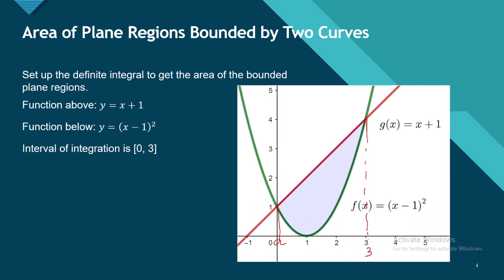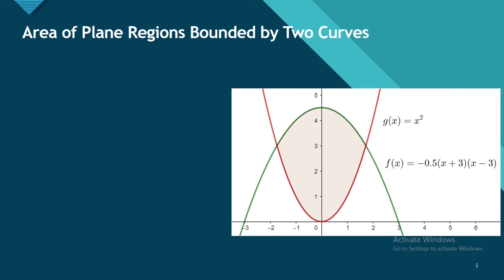Sometimes the plane region will reveal to you right away the interval of integration, but it's not always the case. The instruction here is to set up the integral that will give us the area of this plane region. It's going to be the integral of x plus 1 minus the square root of x minus 1 dx, evaluated from 0 to 3.